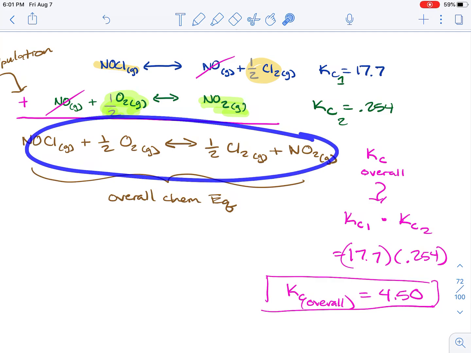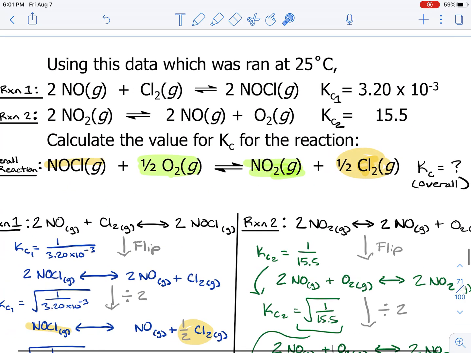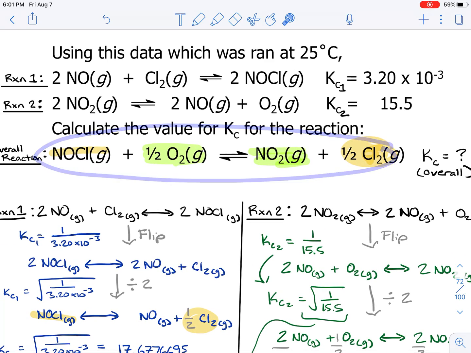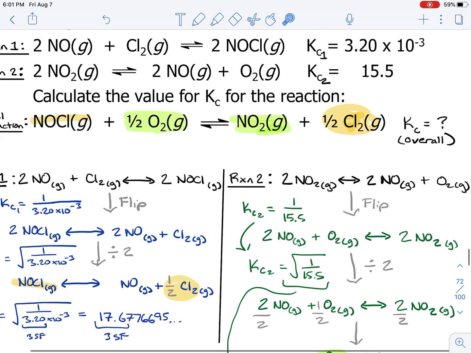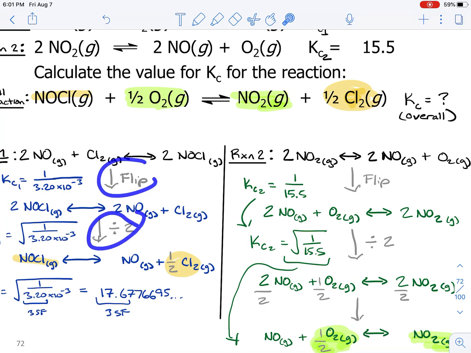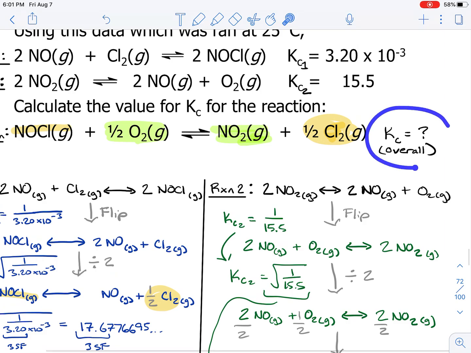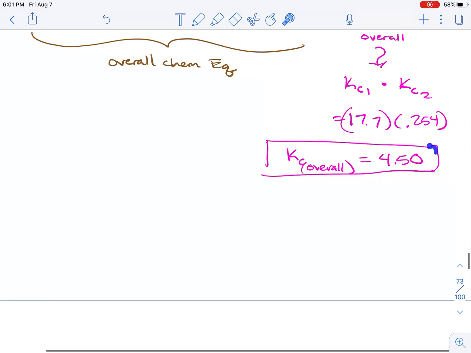We are able to manipulate the individual chemical reactions so that we get the overall chemical equation, which is our goal. We use this overall chemical equation to guide the manipulation of these two chemical reactions. And whatever our manipulation is, it needs to be reflected with respect to Kc. So the overall Kc for this overall reaction is approximately 4.50.